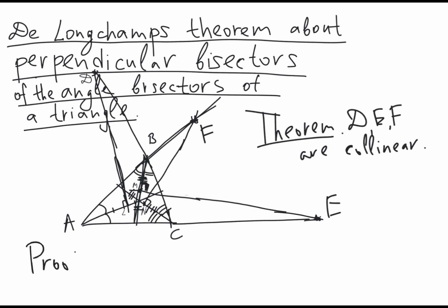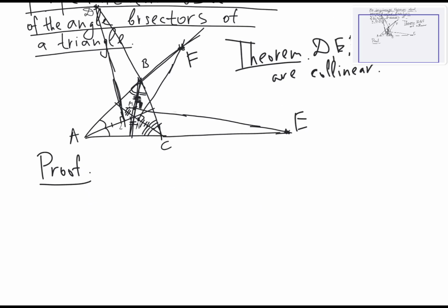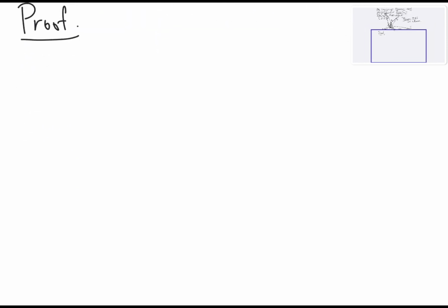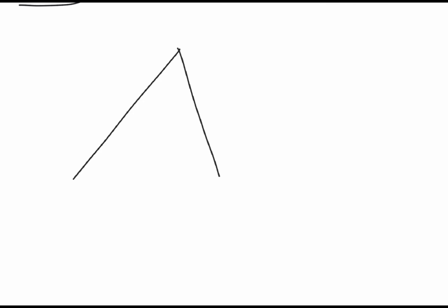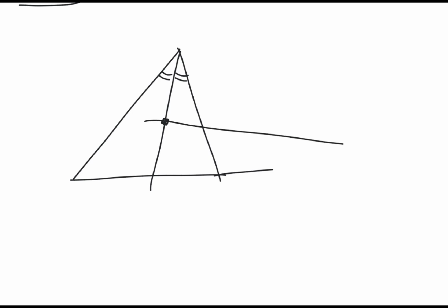I'll draw a separate picture for one bisector, so as not to consider the other elements that we don't need for now. So we have the triangle, we have this bisector, and we take the midpoint of this bisector and consider the perpendicular bisector of this segment and this intersection point.